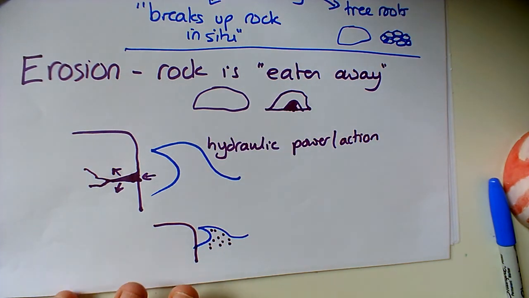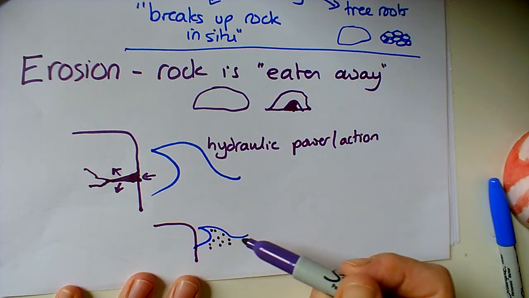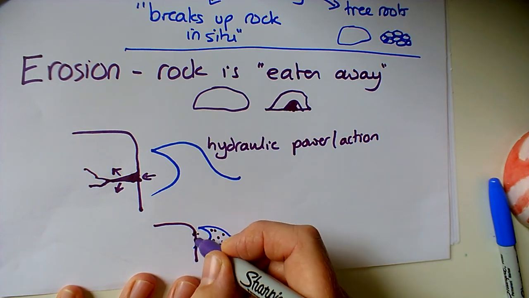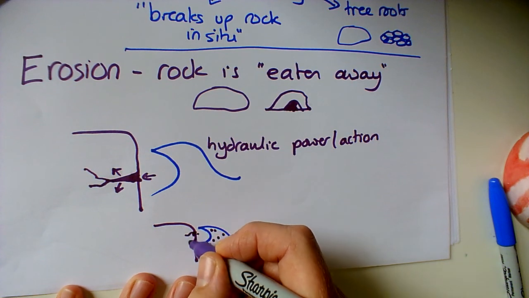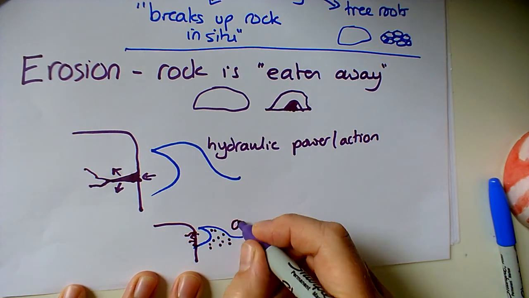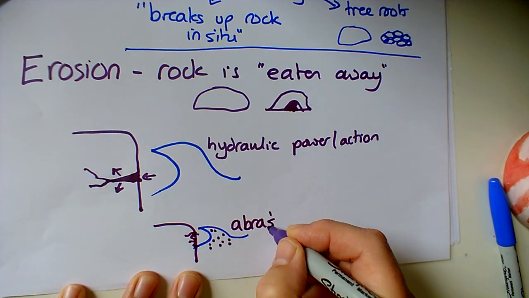Sorry, it's a horrible way of putting it, but it does help you to understand that as this wave hits, because it has these little bits of rock in it, it starts to break up and erode the cliff, because it's got ammunition in there, and that is abrasion.